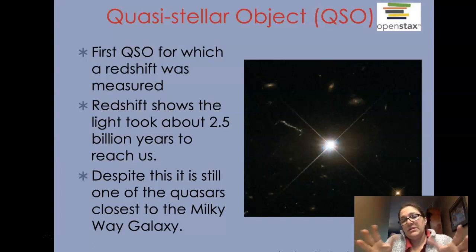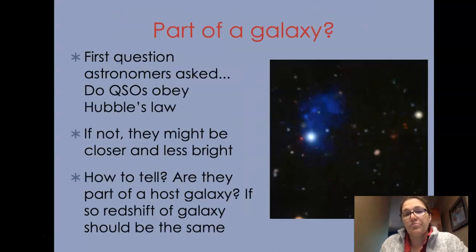Absolute magnitude is measured at a distance of 10 parsecs, so 32 light years away, well, 32.6. The absolute magnitude of our sun is 4.83. So this quasar is approximately 4 trillion times more luminous than our sun at visible wavelengths. So crazy bright. And we're going to come back and look at that quasar again.